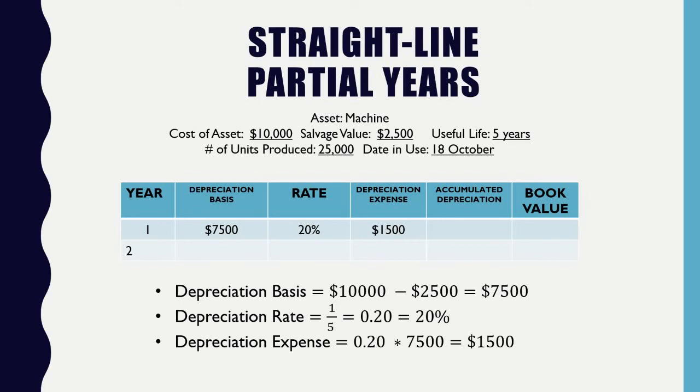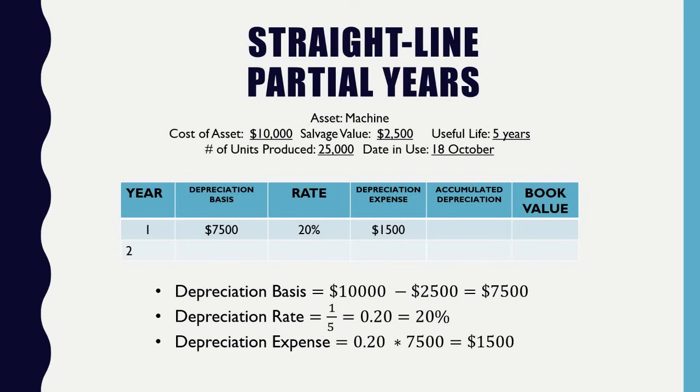Then you're going to take your depreciation basis, which is 1 over its estimated useful life, which gives you 20%. And when you multiply across, right, you're going to get 1,500. Now, in this case, this is for one whole entire year, right? Because 20% of this is for the whole entire year.